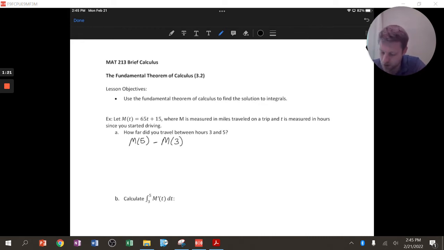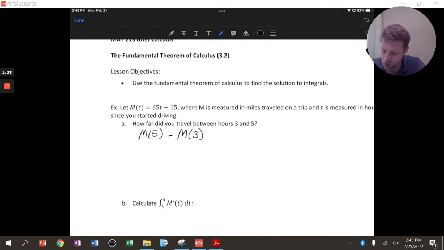So we can go ahead and make those functional values here. This would be 65 times 5 plus 15. And then we can subtract from that 65 times 3, excuse me, and then add 15.